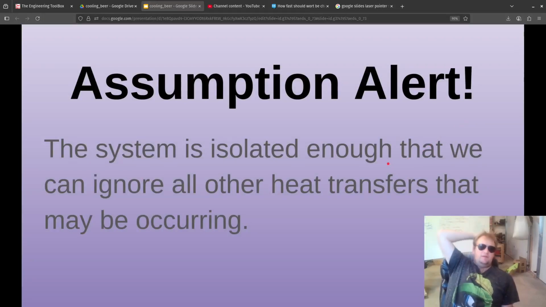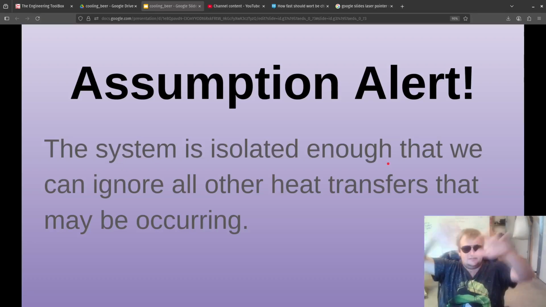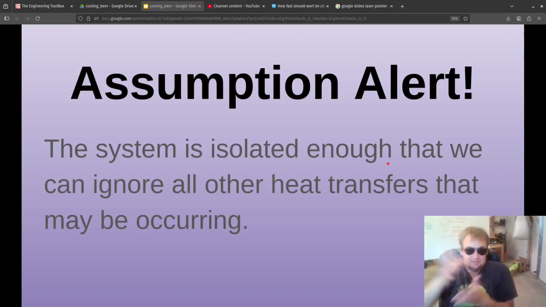So here we go. We are at our next assumption because we're about to do the full final calculation. The assumption is that the system is isolated enough that I can ignore all other heat transfers that may be occurring. Now again, this assumption obviously is incorrect because as you saw from the photos, I did not have any insulation around the tub, and the kettle is exposed completely to the air around, as well as the ice there.